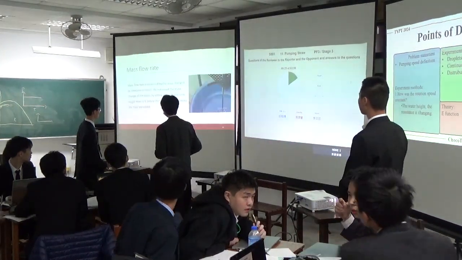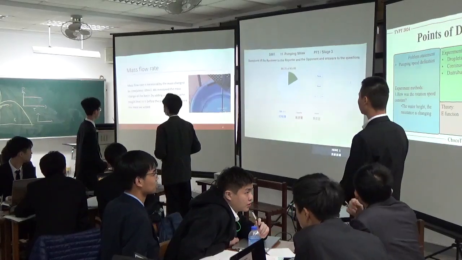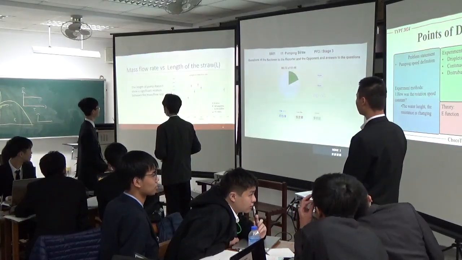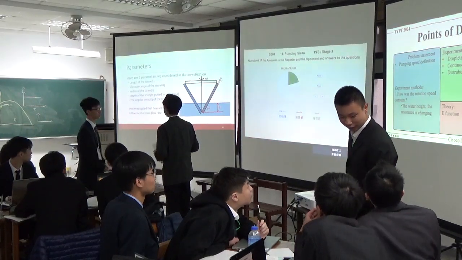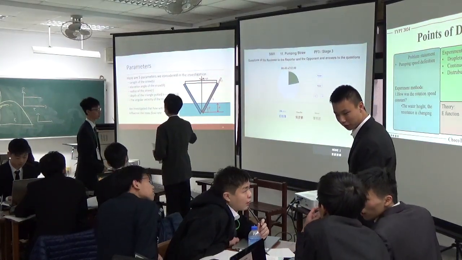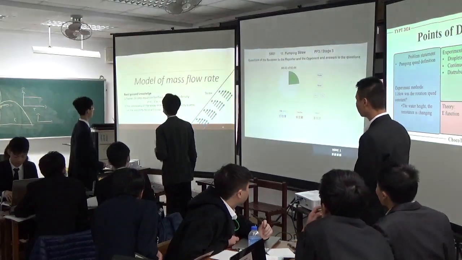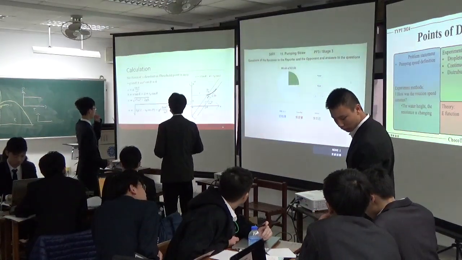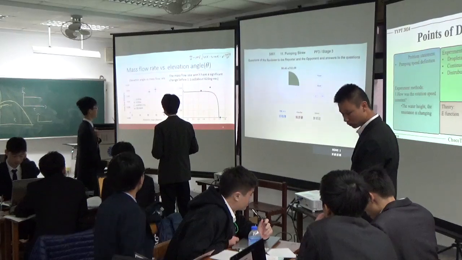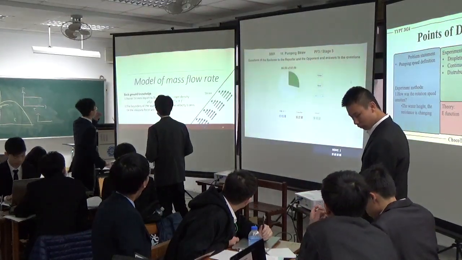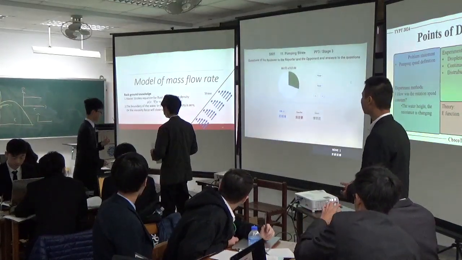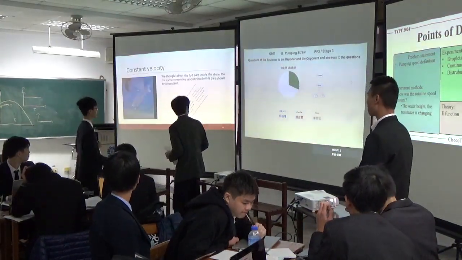Is there any possible reason that causes the deviation, the differences between your theory and the experiment? You say velocity or mass flow rate? Let's say it completely. For the velocity, it's caused by this viscosity.